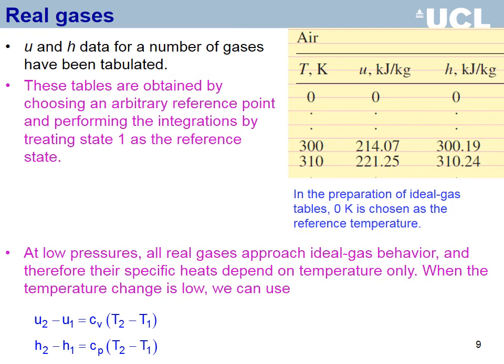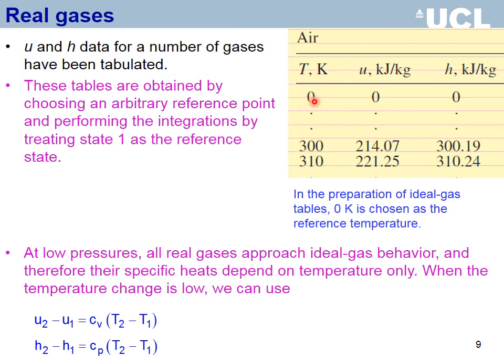But if your temperature change is not much, then for real gases like air, we have tables, called ideal gas tables, where we list U and H directly as a function of temperature. We could very well put Cp and Cv as a function of temperature as well, and some tables also do that, because oftentimes it becomes convenient to use Cp, Cv.